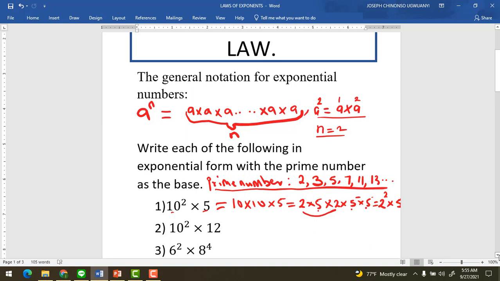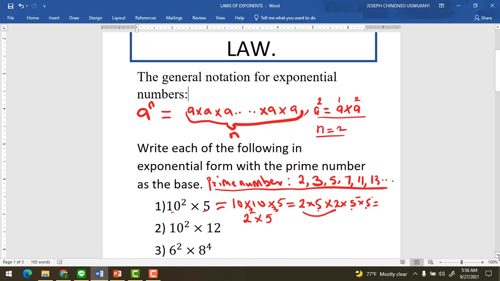Let's write it downstairs so that we can see it properly. Because we have 2 and 2, we have 2 exponent 2, times another one, 5 exponent 3. We have 1, 2, 3.